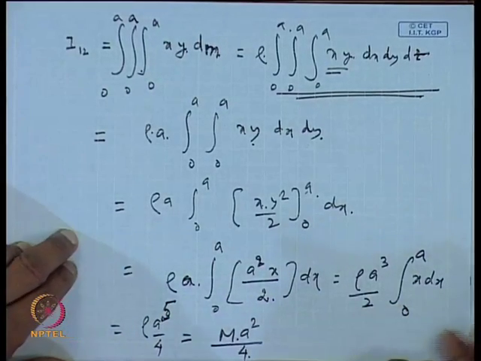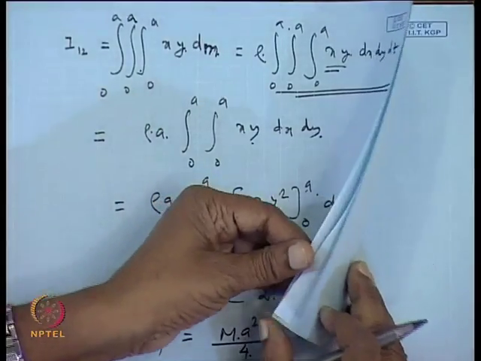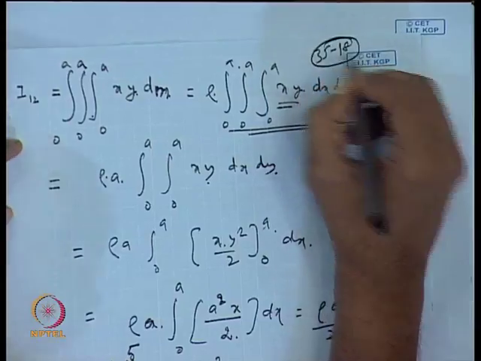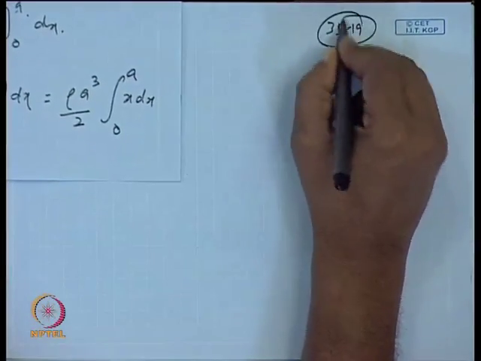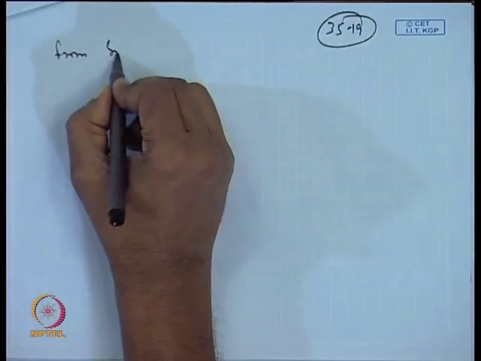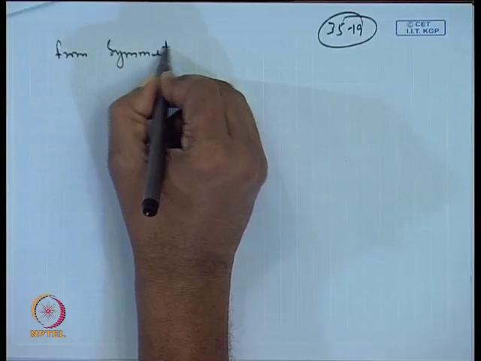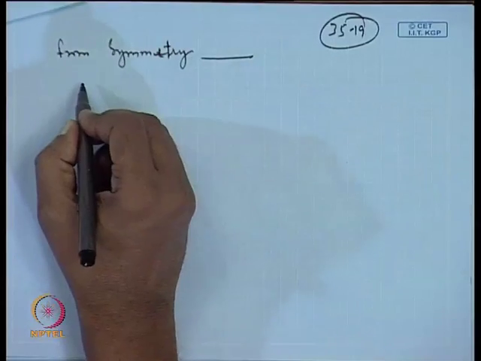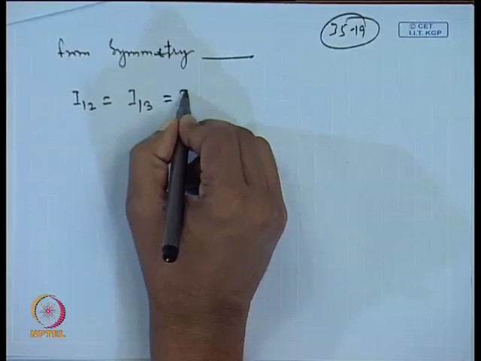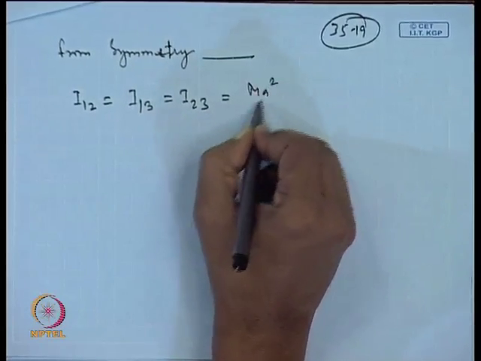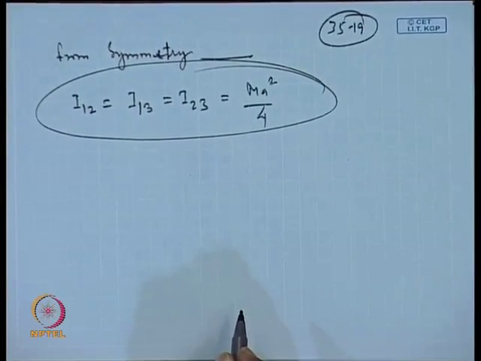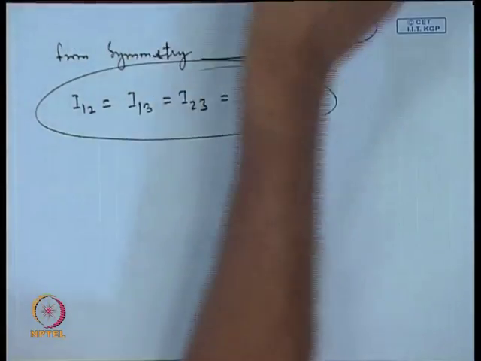This is what your I 12 is, and from the symmetry we can write immediately, from symmetry, I 12 equal to I 13 equal to I 23 equal to m a square by 4. Okay. So, this is the cross product of inertia. So, your inertia matrix is now available.